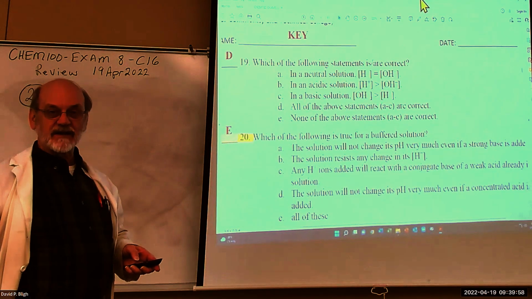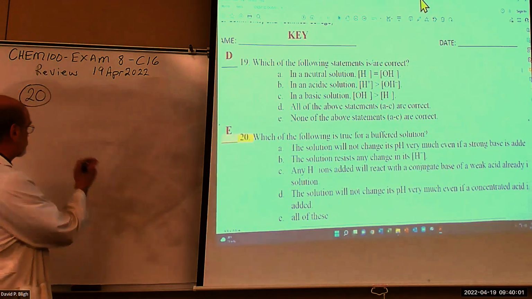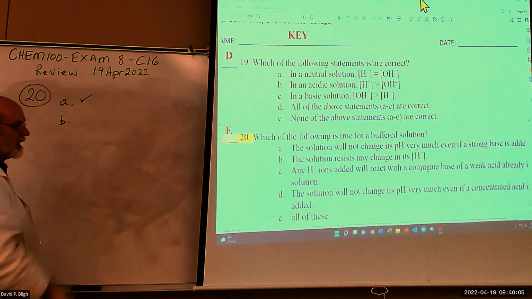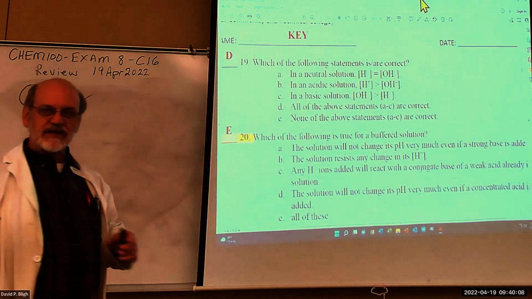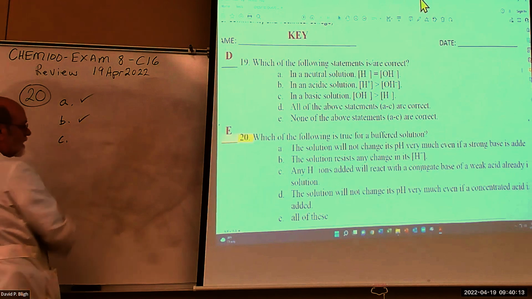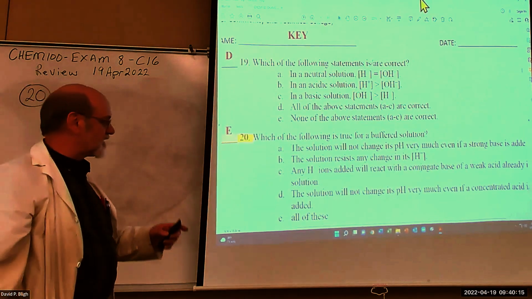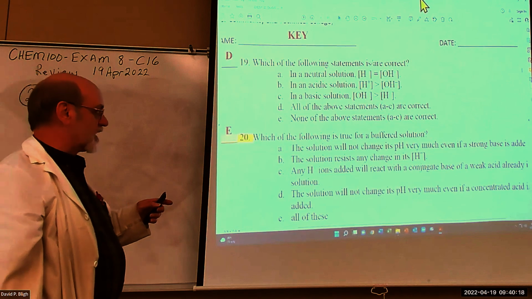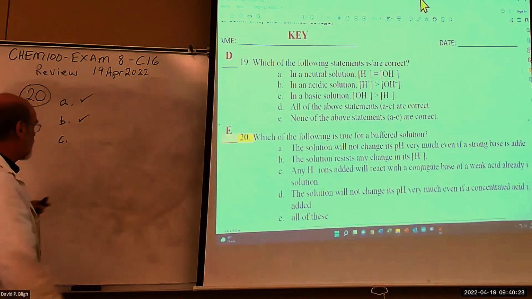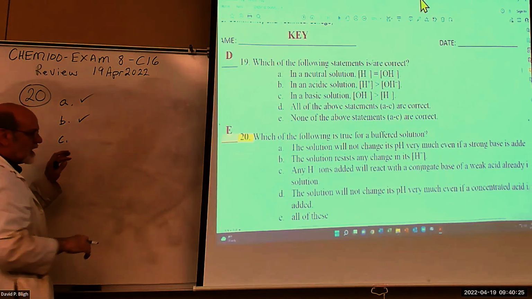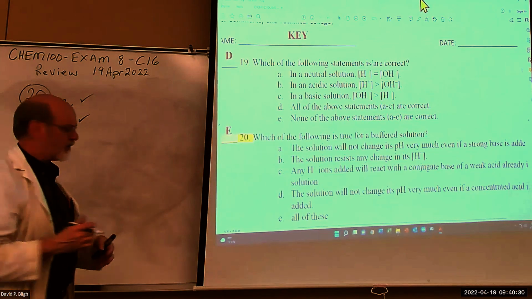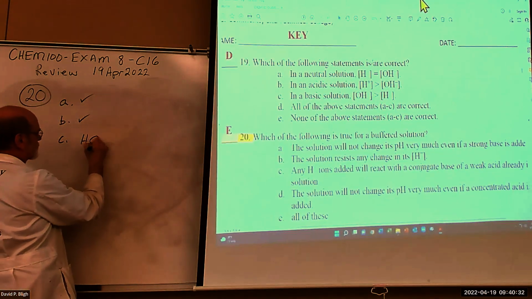All right, with that knowledge in hand, A says the solution will not change its pH very much, even if a strong base is added. A is true. About B? The solution resists any change in its hydrogen ion concentration. That's also true. Any hydrogen ions added will react with a conjugate base of a weak acid already in solution. Remember, what you got is a weak acid. Let's use a real example, like acetic acid.